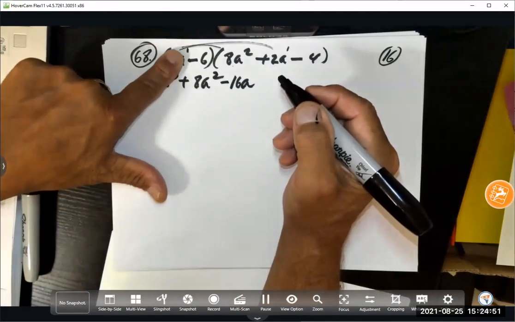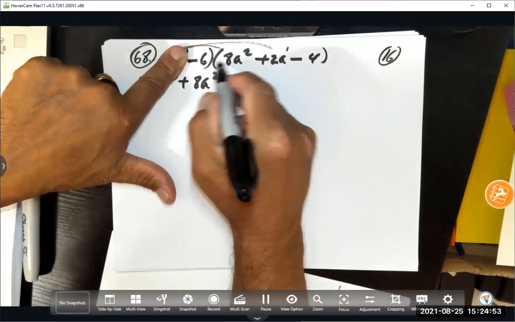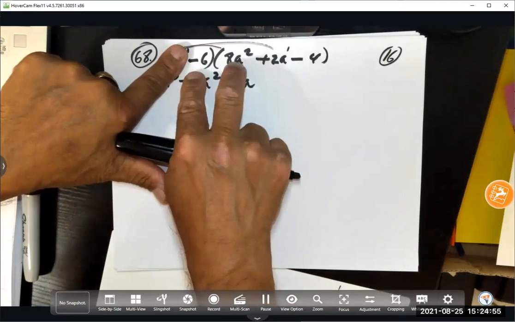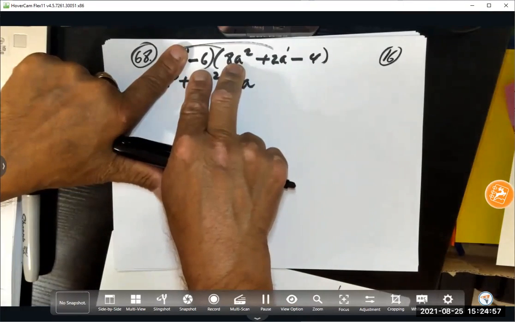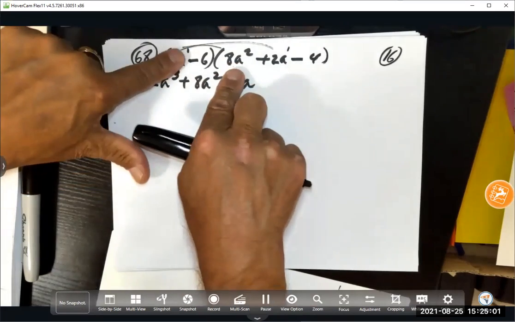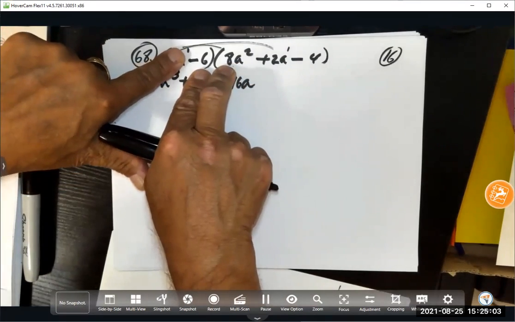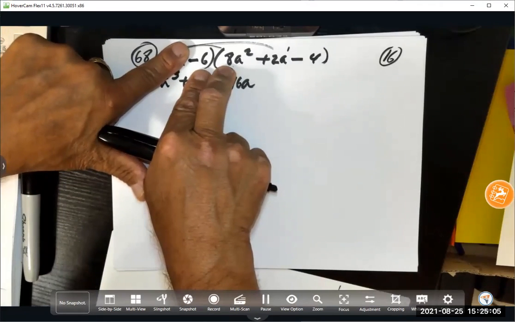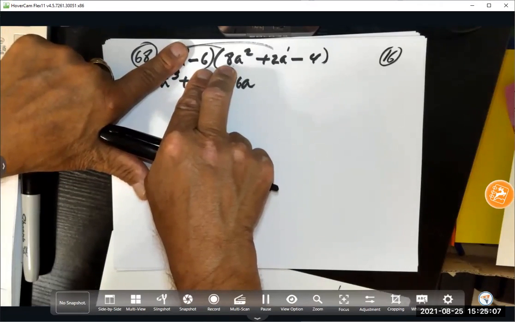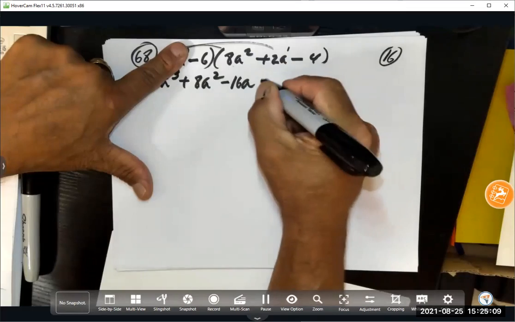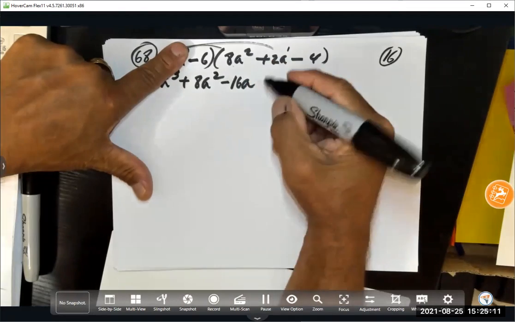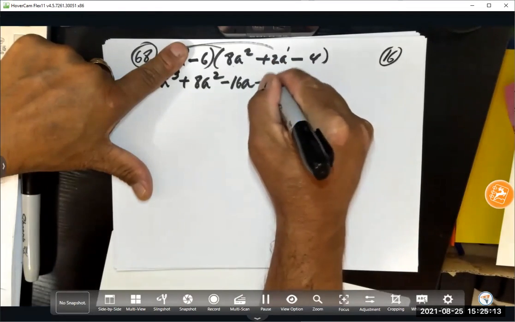All right. Now the next one. Negative 6 times 8a squared. What is that going to be? See my fingers right here? Negative 48a squared.